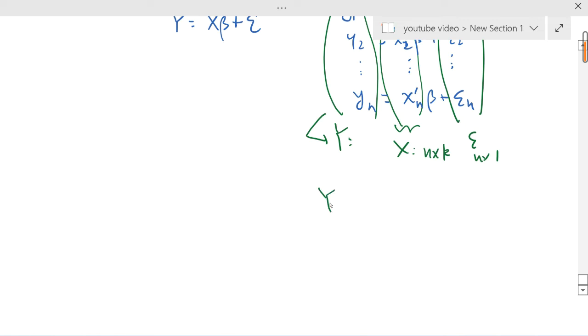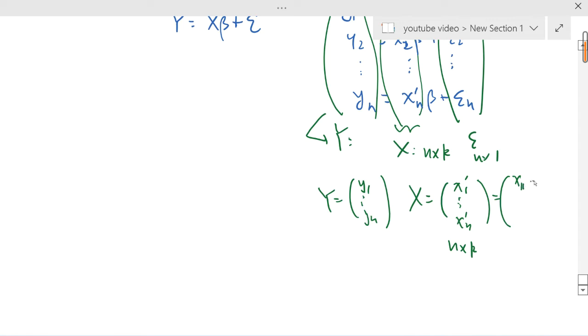So we know that y is y1 until yn, x is x1 prime until xn prime, so n by k, or it's actually equal to x11 to x1k, x21 to x2k, xn1 to xnk, and epsilon is epsilon 1 until epsilon n.